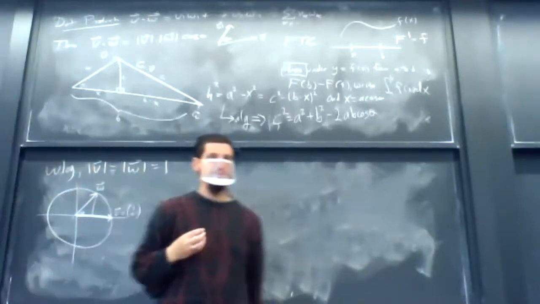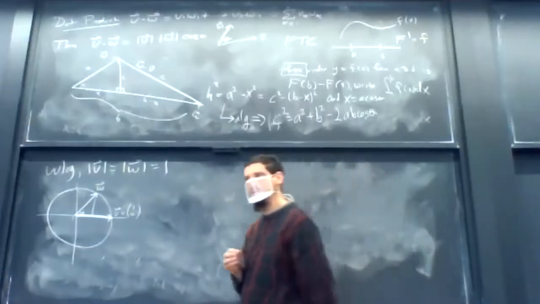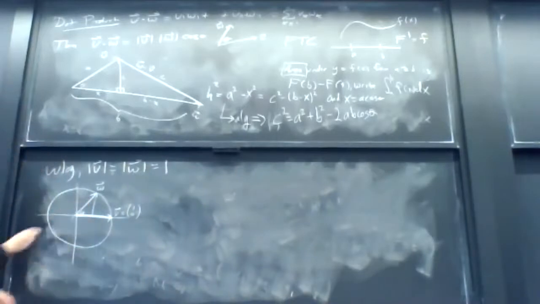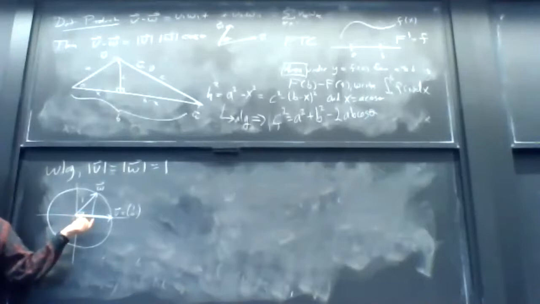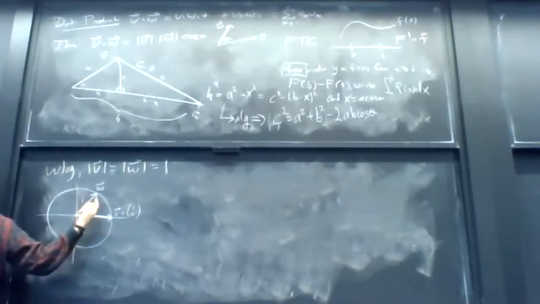If this is theta, what are the coordinates of W? What's the x-coordinate of W? So this has length 1. This is theta. What's the length down here? Cosine theta. This is our trigonometry. The cosine of theta is adjacent divided by hypotenuse.